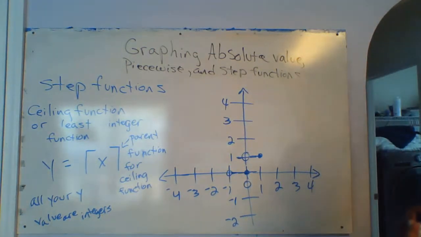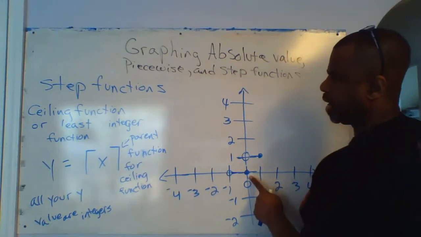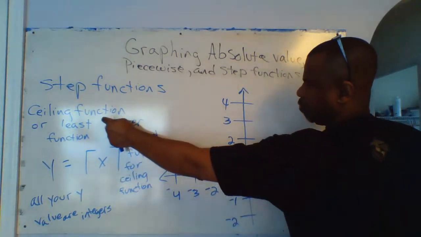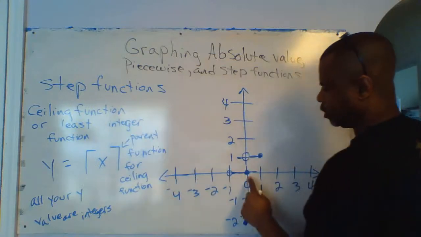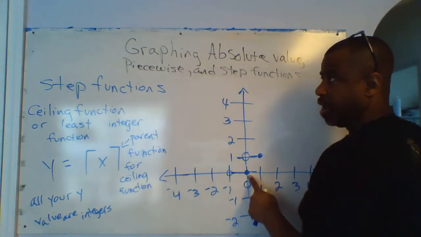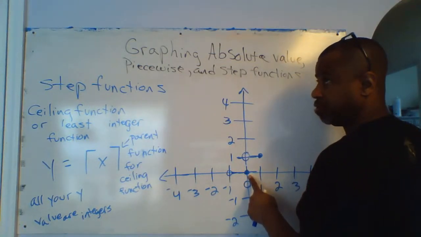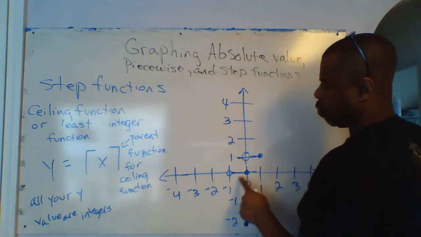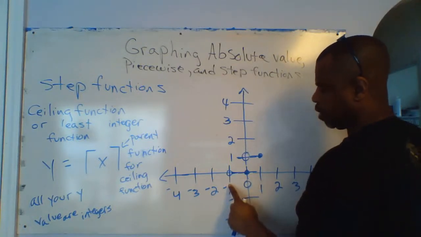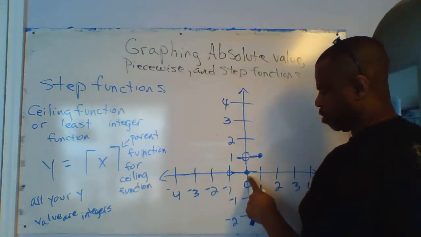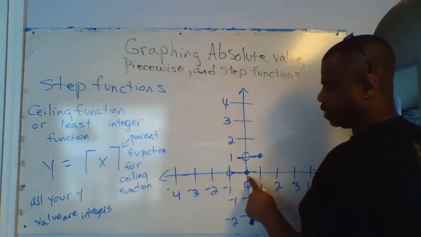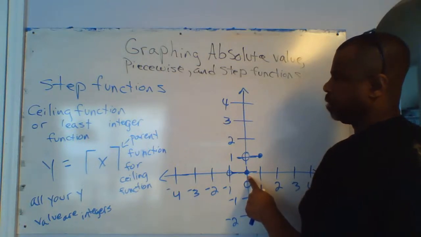All right. So in other words, the reason why this has to be closed is because the reason they call it a ceiling is that your highest value is going to be zero at zero. So if you go one back from -1 to 0, zero is the biggest value.